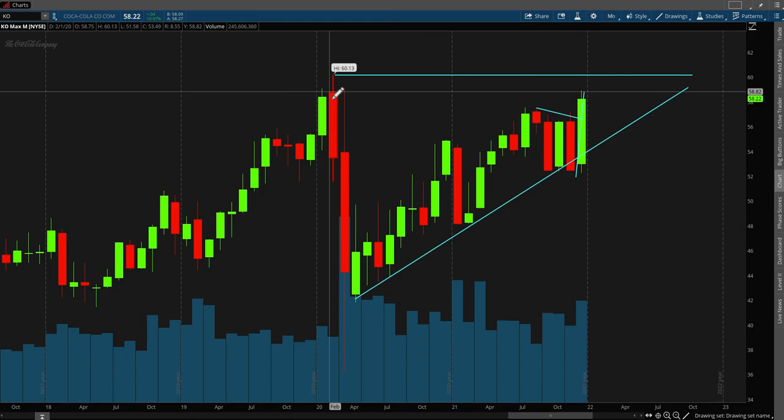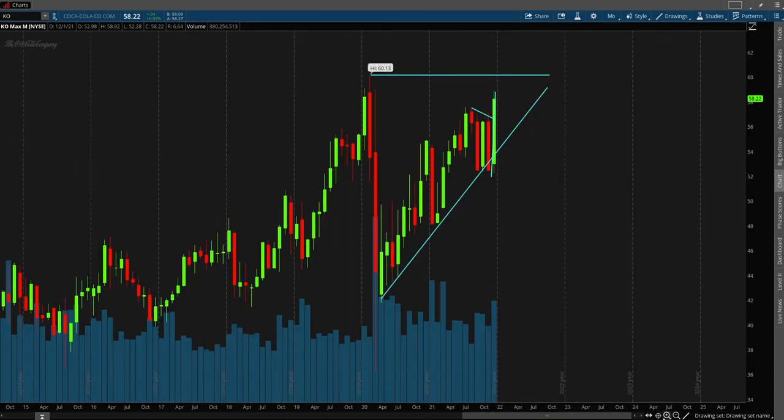I think resistance is around 59, and we're about to test that level soon. By the way, this is on the monthly interval chart. Coca-Cola stock is making a flag and an ascending triangle, and I think it's going to break out soon. Once it hits that 60 level, I think 60 is going to be a slight resistance.